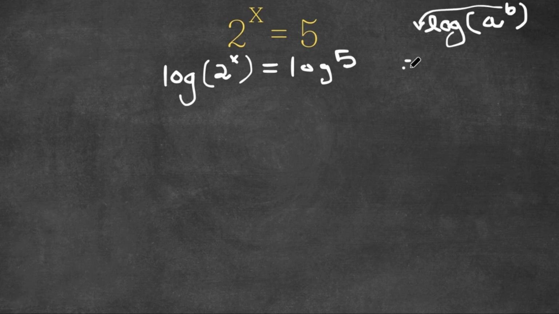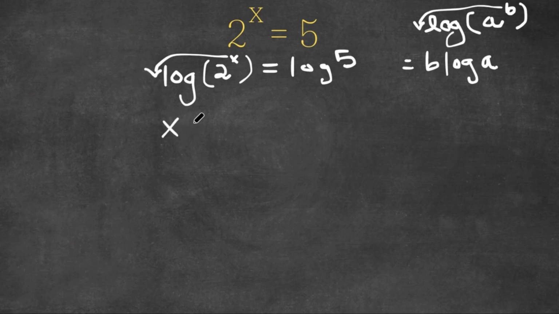This means that this would equal b times log a. So as you can see, we have log 2 to the power of x, and we can actually move the x to the front of the logarithm using the power property of logarithms.